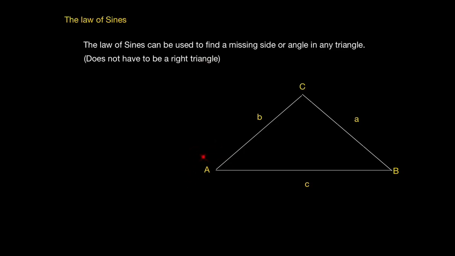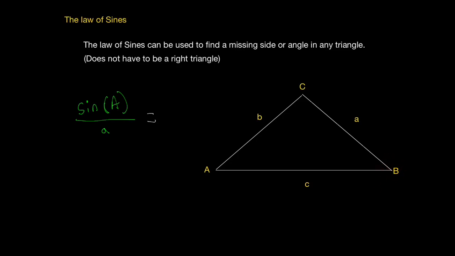Let's say I get angle A. Across angle A is the length lowercase a. So I can say that the sine of the angle capital A to the length lowercase a, that's going to equal, and now we can choose another angle. I'm going to choose B for simplicity.